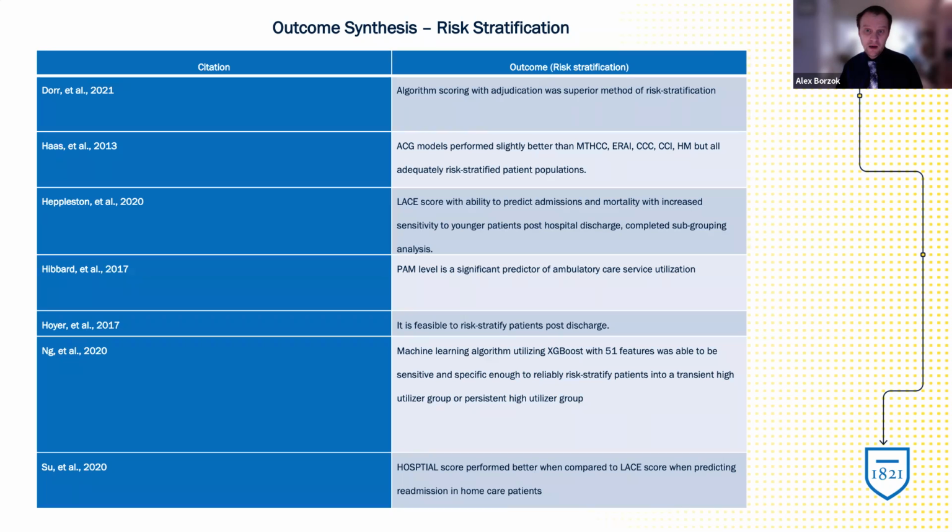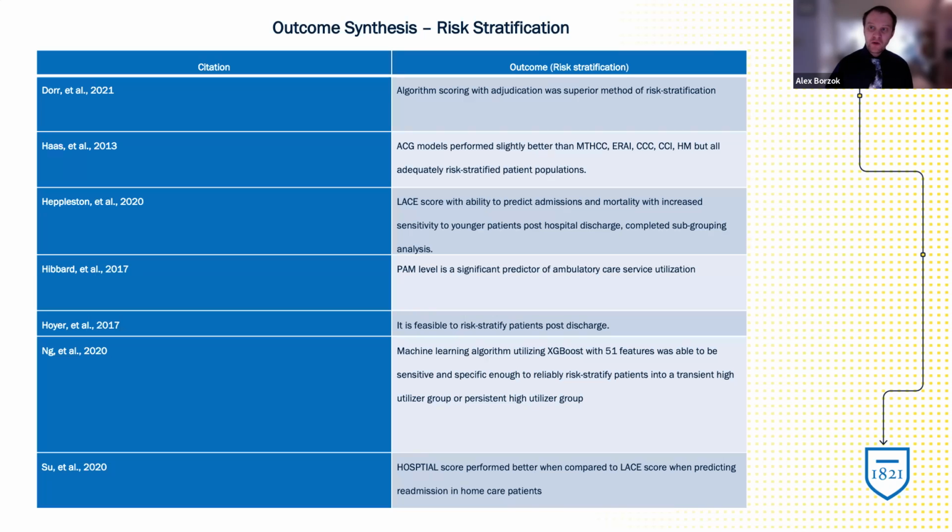Ultimately, risk stratification methods that utilized machine learning were the optimum or gold standard, because you can use data from multiple databases simultaneously. The process is automated, and it can be very sensitive and very specific in identifying patients that would benefit from transitions of care services.